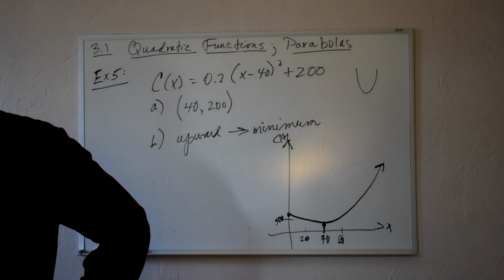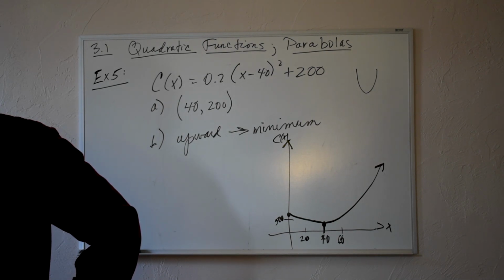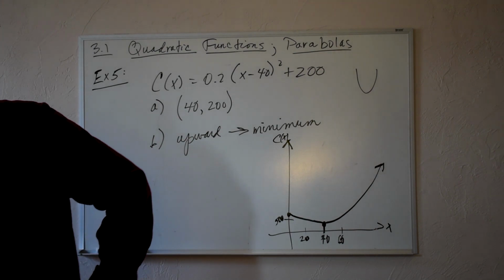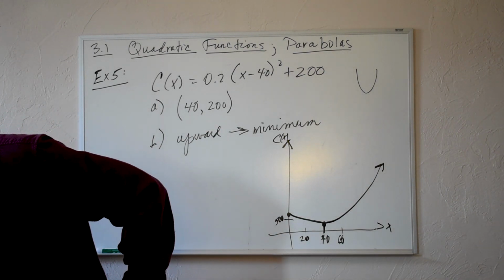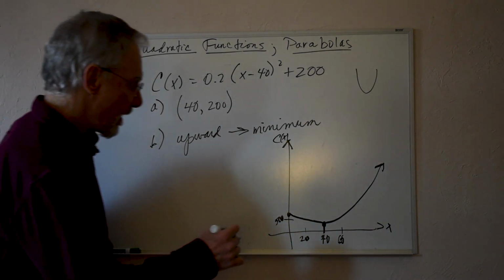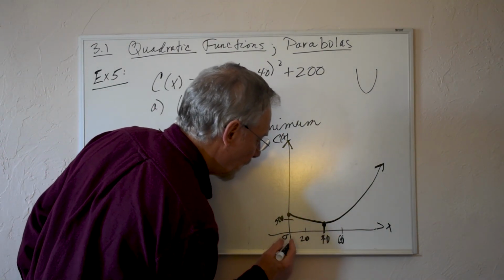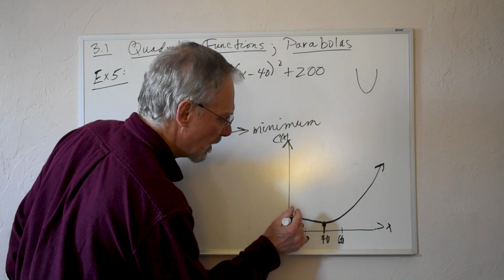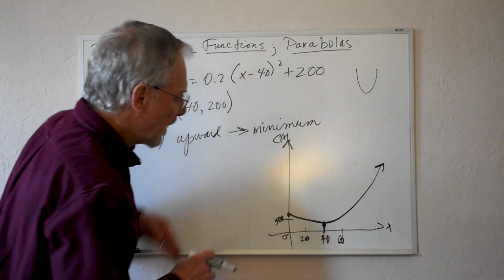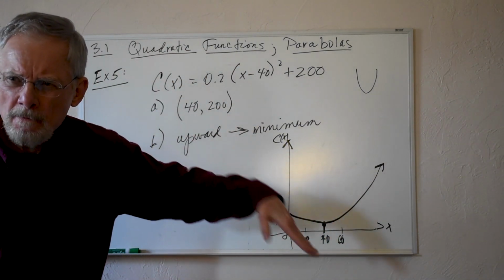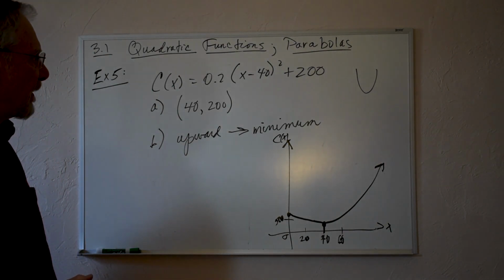Then the last question says, for x between 0 and 40, what's going on? Well, from 0 at the origin out to here, the parabola is going downwards. It's decreasing.